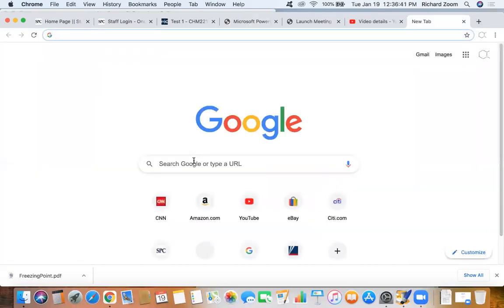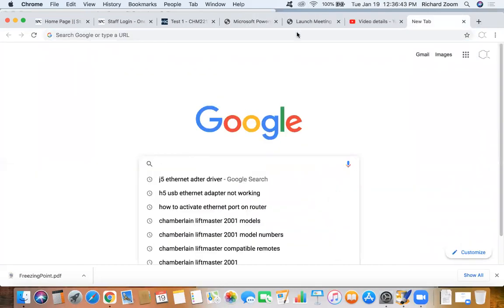I can't access those links. I'm going to stop the share for a second.